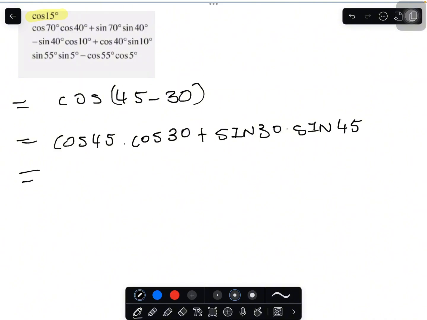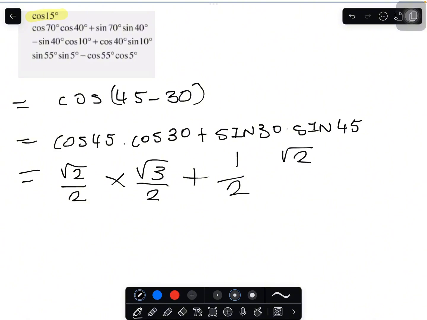Okay, and we know that cos 45 is equal to root 2 over 2, and we're going to have that times the cos of 30, which is root 3 over 2, plus the sine of 30, which is a half, times the sine of 45, which is root 2 over 2.